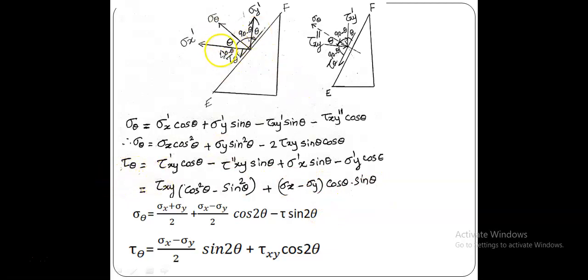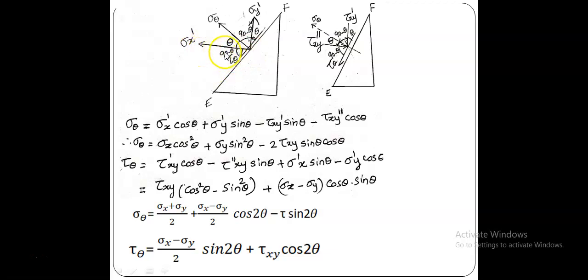Then here, the sigma x dash should be resolved into tau theta, and this angle is 90 minus theta, and it is downward. When it is merged with this tau theta, it is also in the same direction, and therefore this is plus.